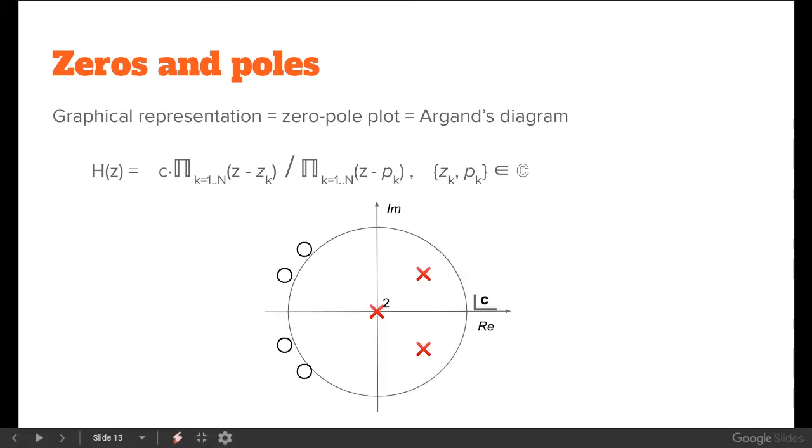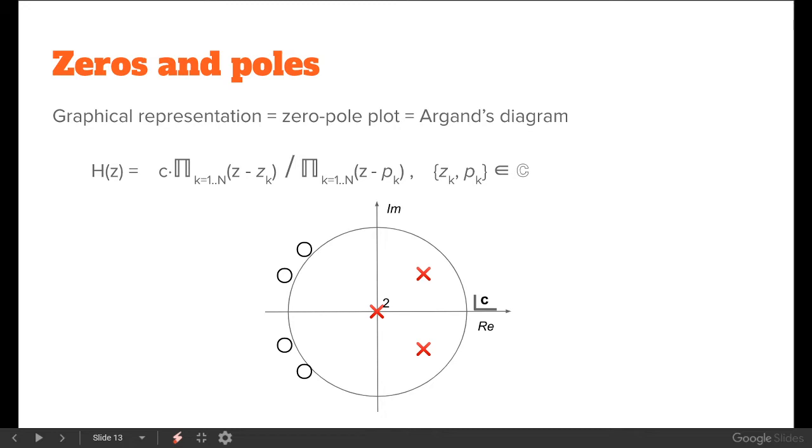For example, here I have some zeros and poles. Sorry, this plot is a little bit off. I should replace it at some point. Those poles are usually marked by crosses, and zeros are marked by circles.